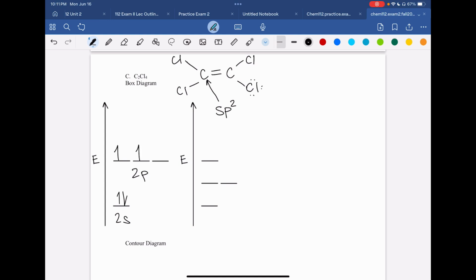Okay, there's only 4 electrons, just like that. Now, this is how I'm going to do it. I only show my work for one half.